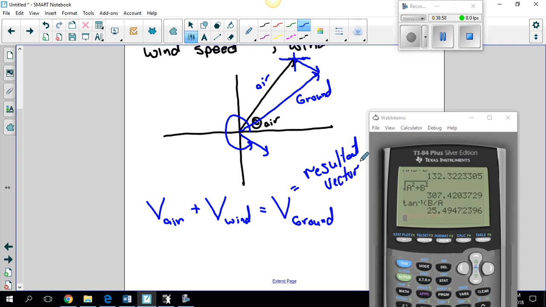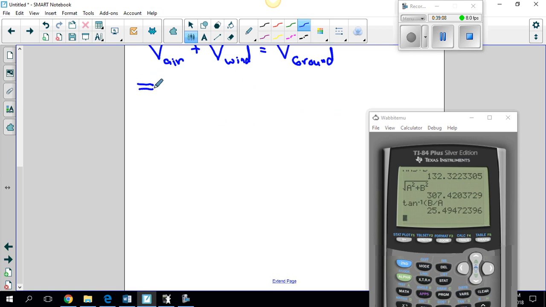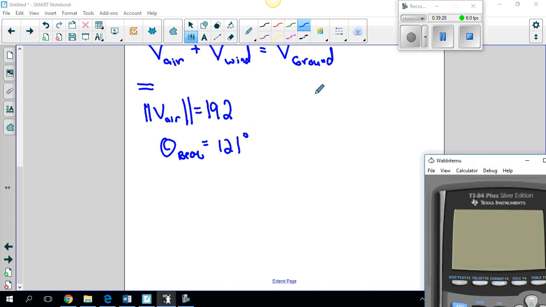So that way, when they're giving you all these problems, you won't get all messed up when they're phrasing them. So let me try this. A plane with airspeed, so the magnitude of V air, that's airspeed is the magnitude of the vector, is 192 miles per hour. Bearing, theta bear, is 121, which means nothing to me because I need to figure out what that really is.